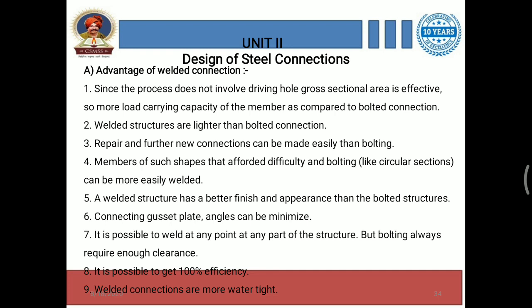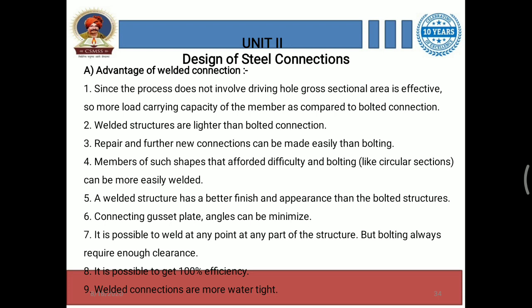Particularly when we have to connect circular sections, the bolting process is very difficult, and that's why the welding process is preferred, because it can be applied easily.